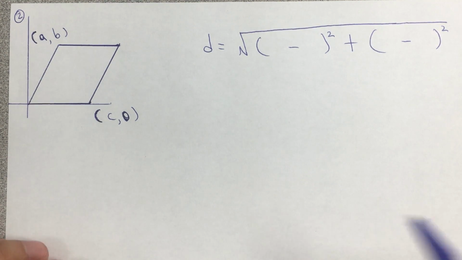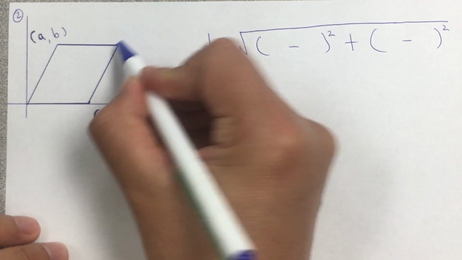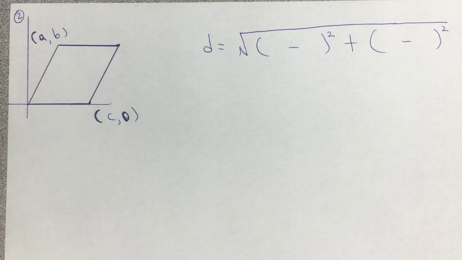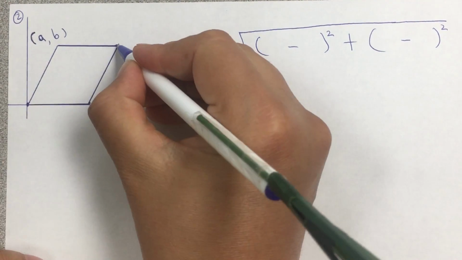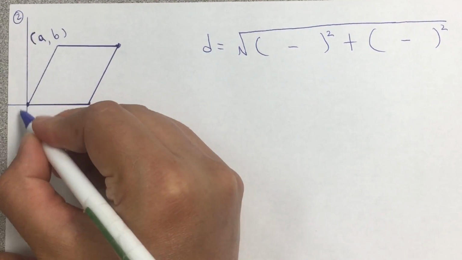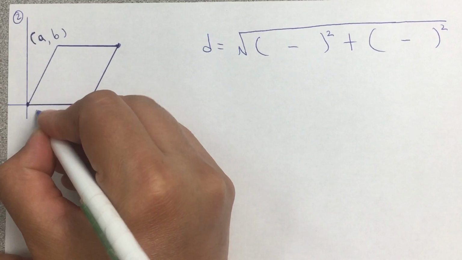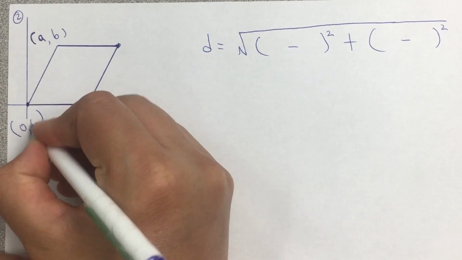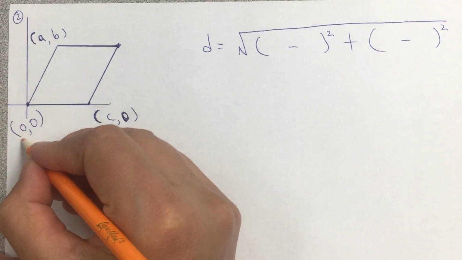The first thing that we need to find is the points, just like we did in 10.6, these 2 points. Whenever the point is right in the origin, remember that that's always (0, 0). So this is the one that we found, right?